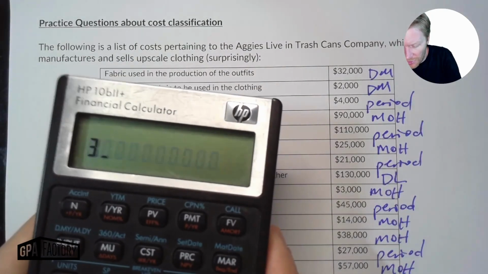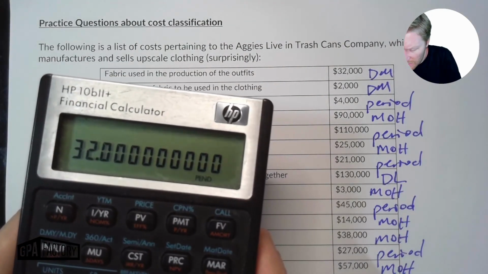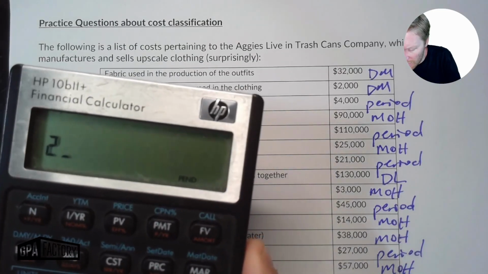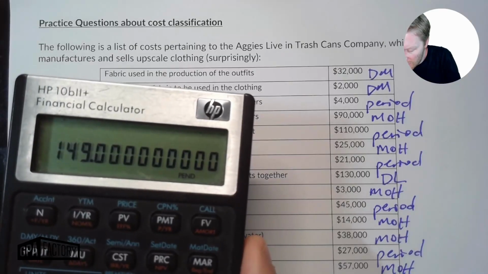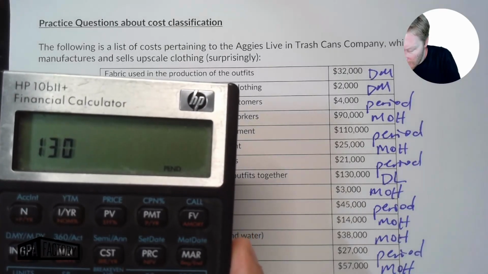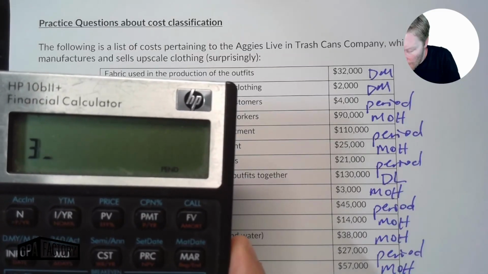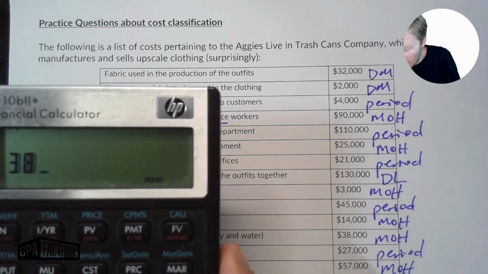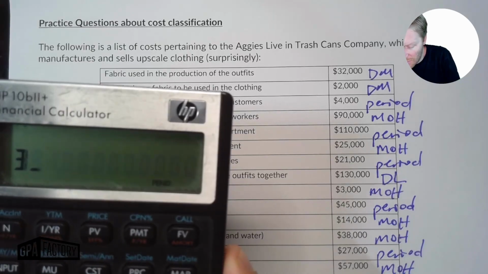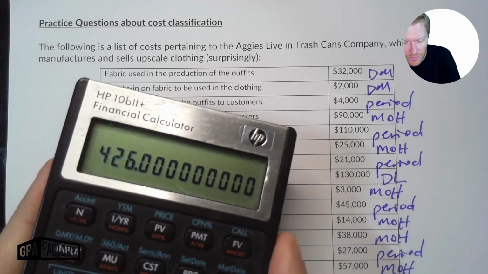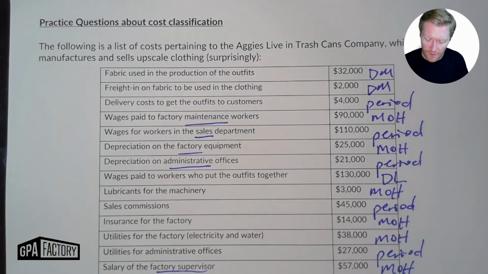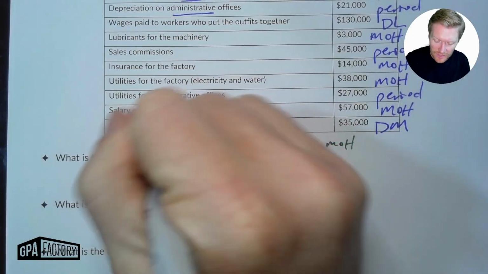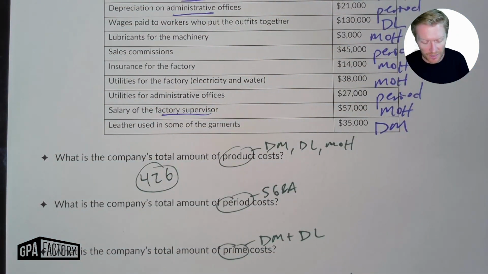So I'm just going to do 32 plus 2 plus 90 plus 25 plus 130 plus 3 plus 14 plus 38 plus 57 plus 35. We get 426,000. All right. Product costs, moving right along, 426,000.